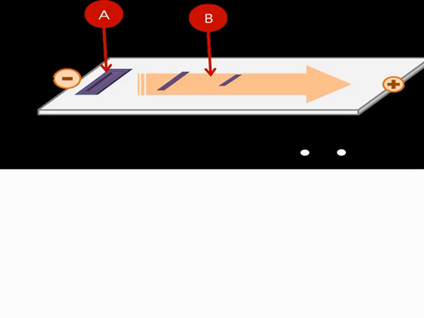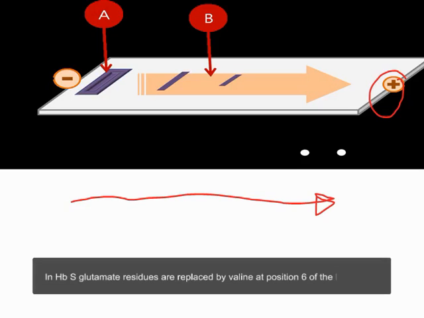With cellulose acetate electrophoresis, the blood proteins that tend to be negatively charged are going to migrate towards the anode. So the negatively charged proteins are going to move towards the positively charged electrode. With hemoglobin, though, remember, there is a mutation that causes the sickling of the red blood cells. This mutation results in a switch in amino acids in the primary structure of the protein, so that a glutamate is replaced by a valine.